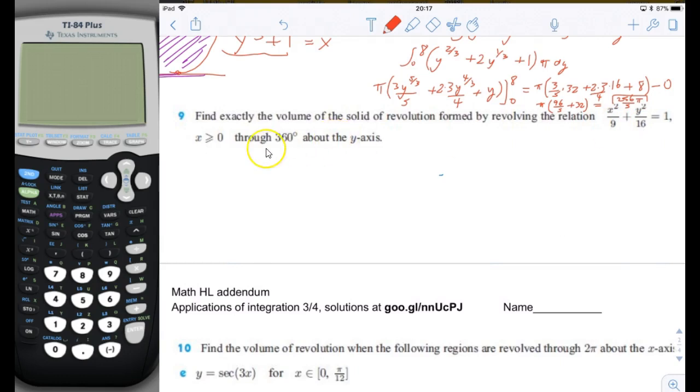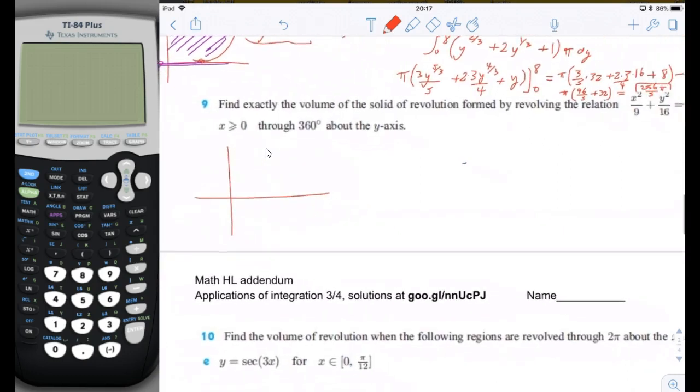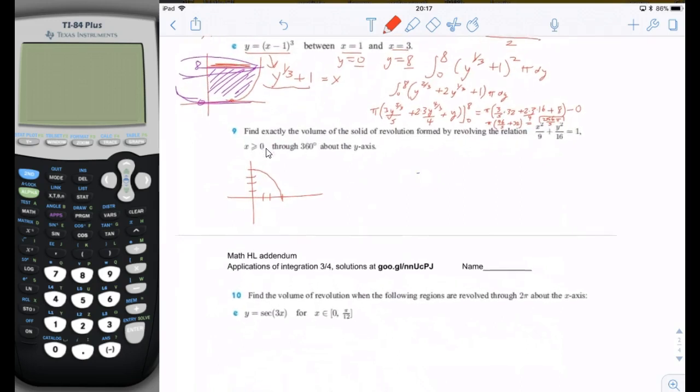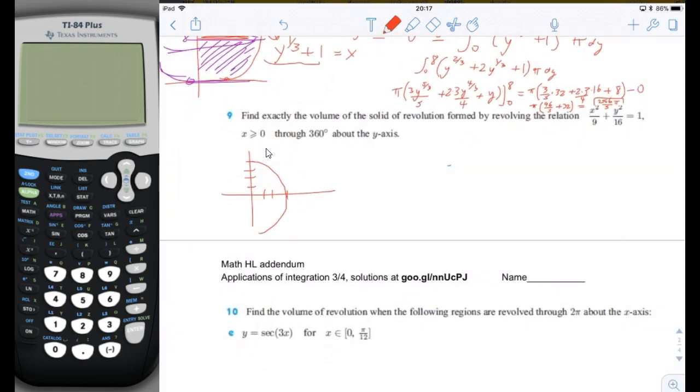Okay, and so it would look kind of like this, 3 wide, 4 tall, so it's taller than it is wide. And then we're going to rotate it about the y-axis through 360 degrees. So it's kind of like a little beehive, okay?